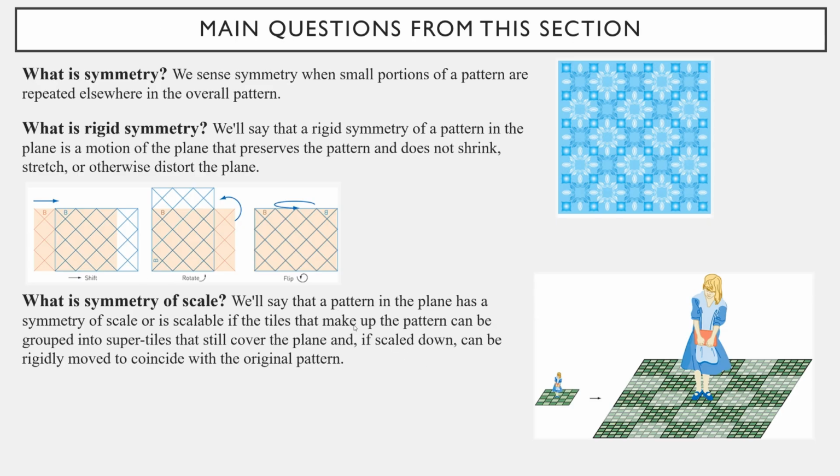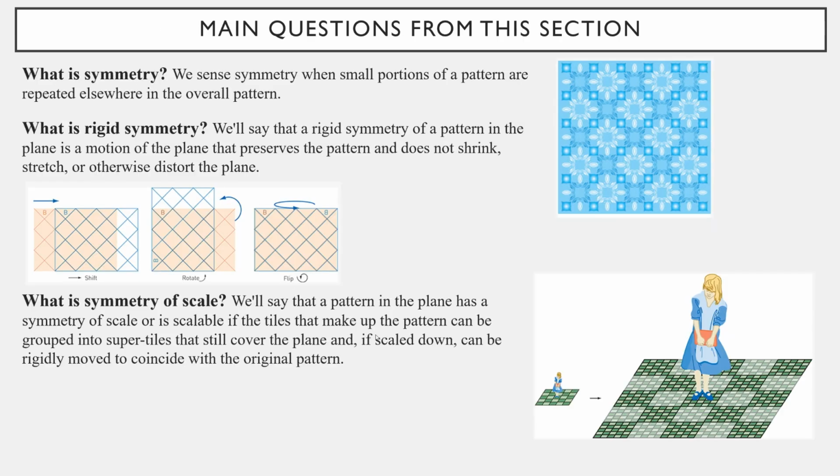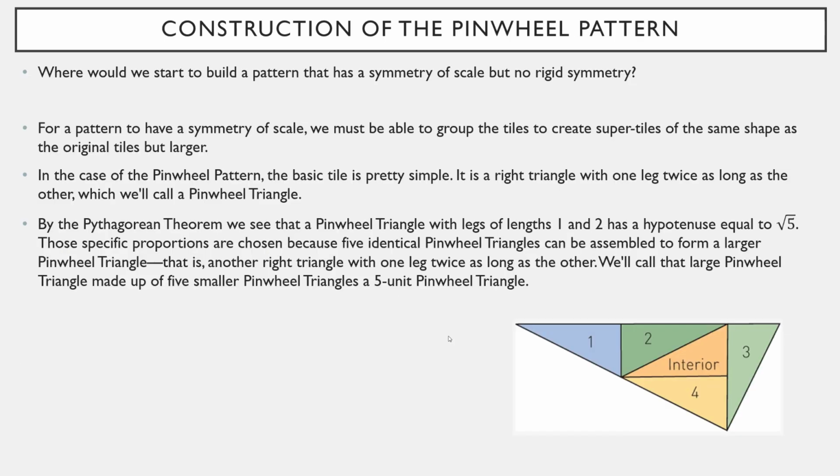You're scaling it up, but the pattern doesn't repeat itself. For a pattern to have symmetry of scale, we must be able to group the tiles to create super tiles of the same shape as the original tiles, like you see here. These tiles end up being the building blocks of a super tile.